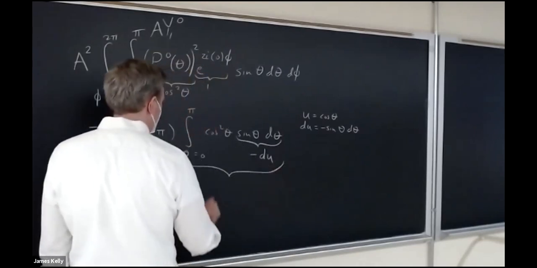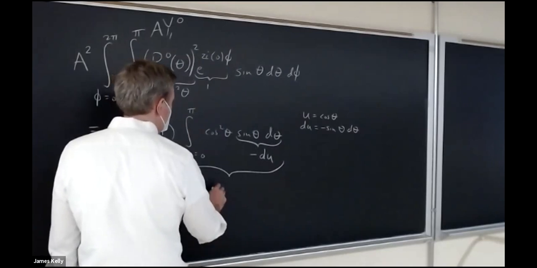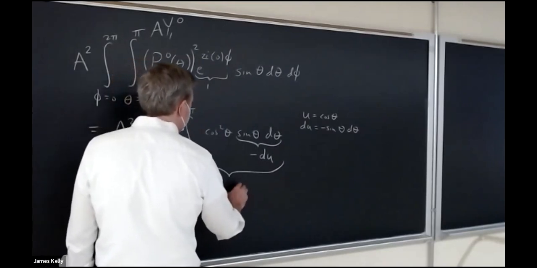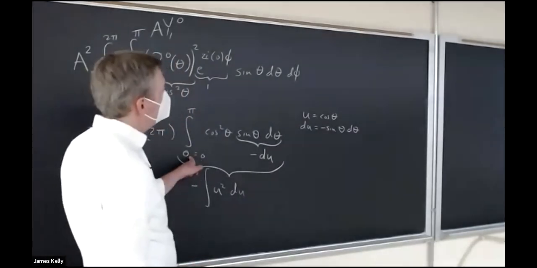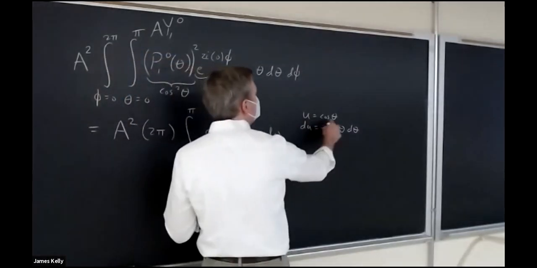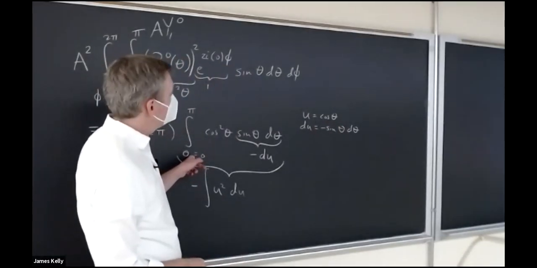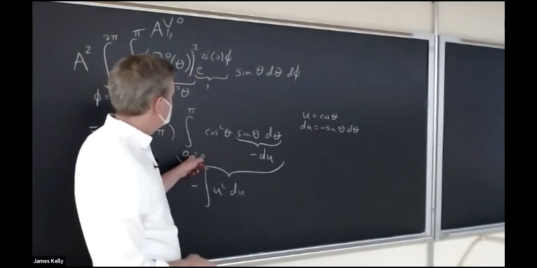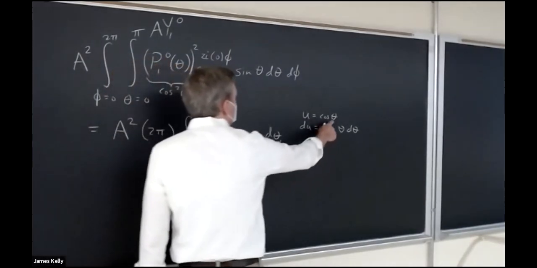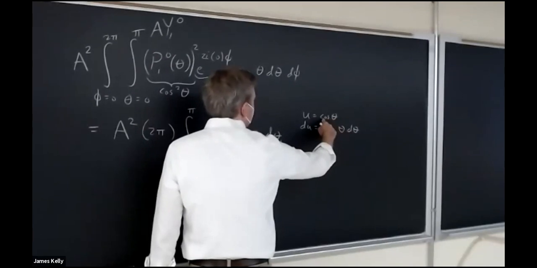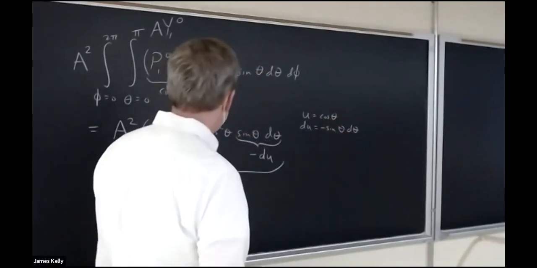I get minus the integral of u squared du from u equals, when theta equals 0, u is equal to 1, right? When theta equals 0, cosine of 0 is 1. And when theta equals pi, cosine of pi is minus 1.